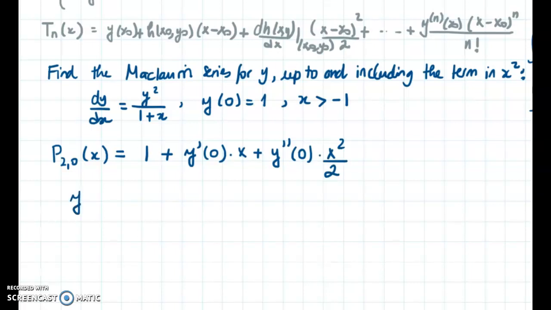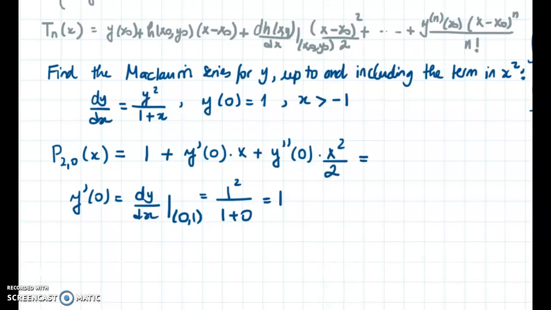When we want to find the value of the derivative at 0, that means we are evaluating the derivative at the point (0, 1). So with the notation we have originally, dy/dx evaluated at (0, 1) is going to be 1 squared divided by 1 plus 0. So this is equal to 1 as well.